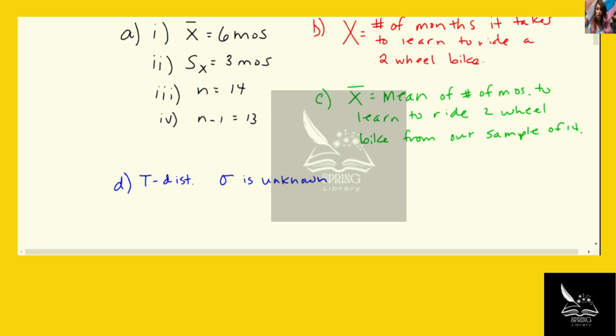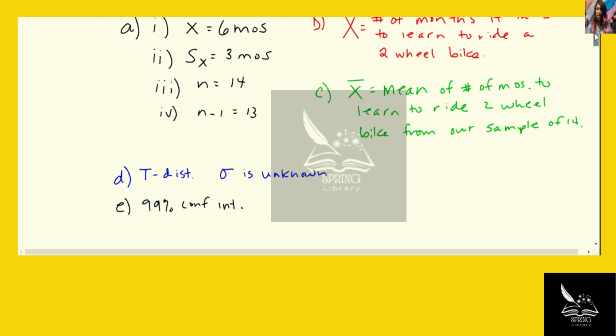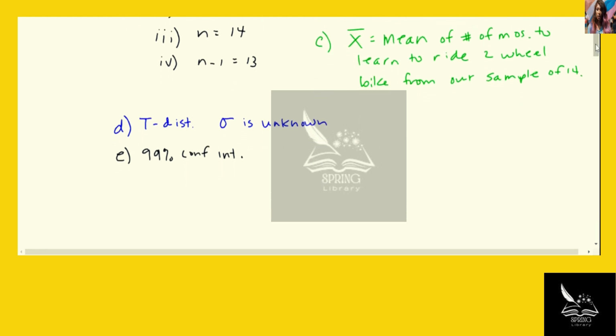All right. So moving on to part E, we're going to construct a 99% confidence interval. So we need to look at a couple pieces of information. The structure for finding a confidence interval is going to be our sample mean plus or minus our z-score for whatever our significance level is.